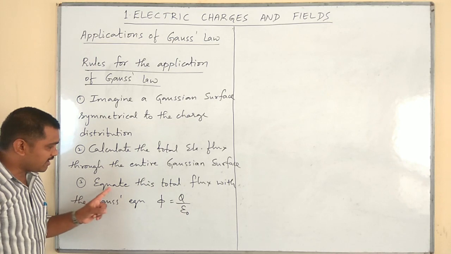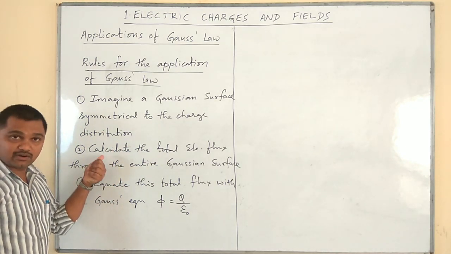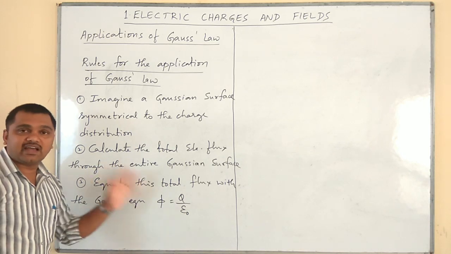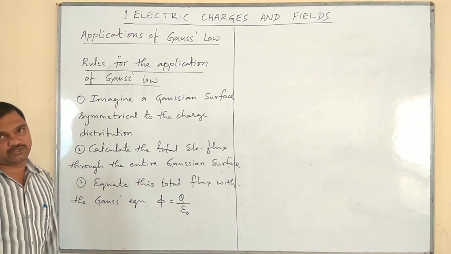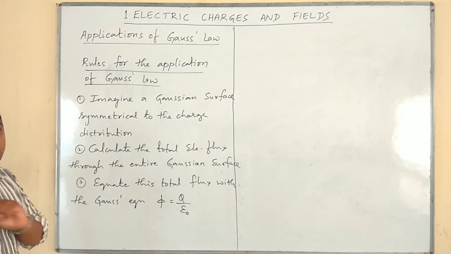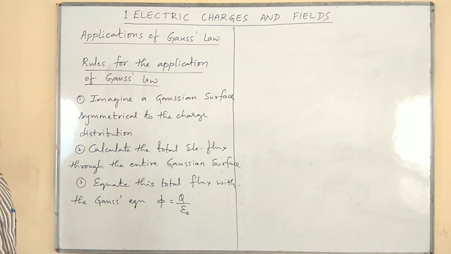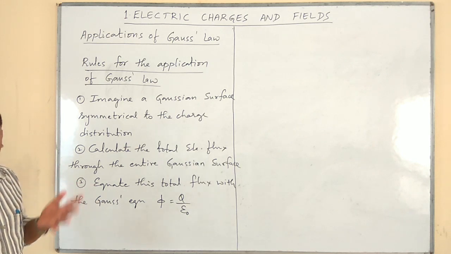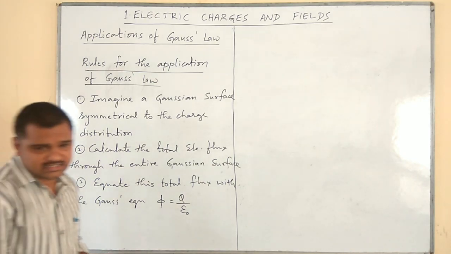Third, we have to equate the total flux which we calculated in rule number 2 with the actual Gauss equation, phi is equal to q divided by epsilon naught. If we follow these three simple rules, it is very easy to apply Gauss law. In your syllabus, they have mentioned three applications which are very important for 5 marks. Okay, let us start.